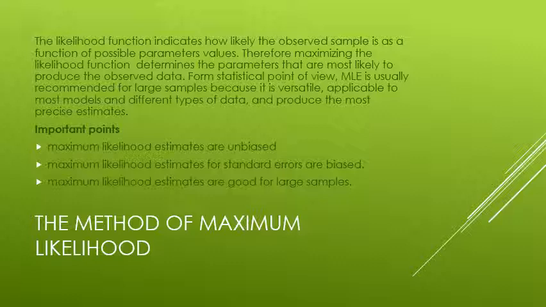So, the likelihood function f of x is also called the joint distribution, the joint distribution for samples. There is a slight difference between the likelihood function and the joint distribution. The likelihood function is a function of parameters, but the joint distribution is a function of samples.